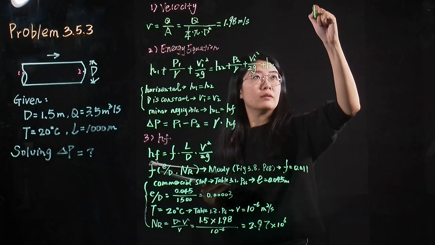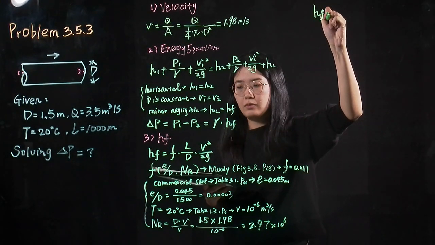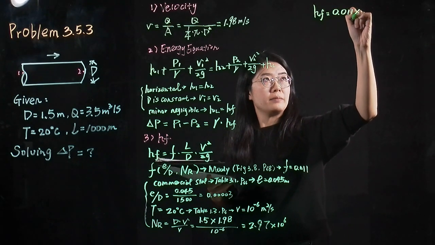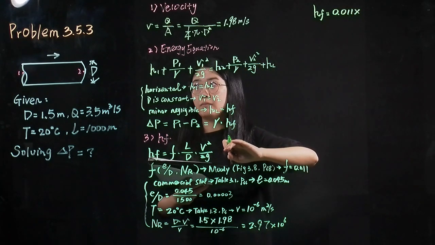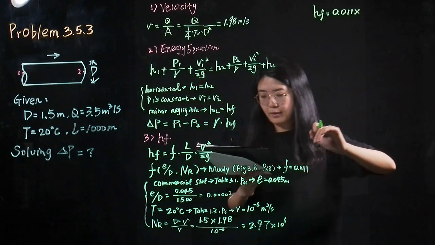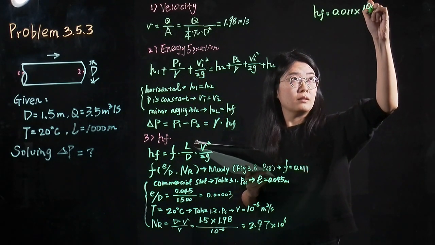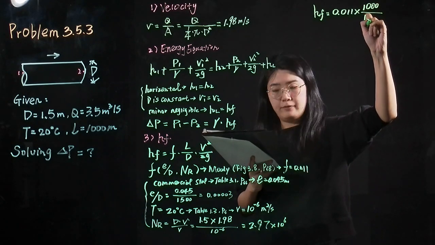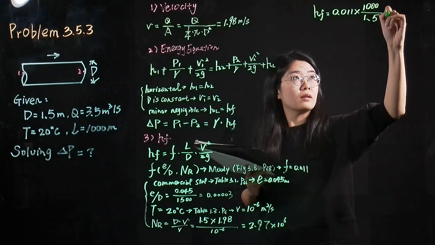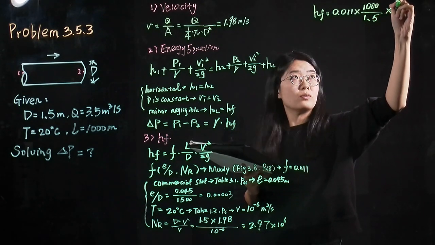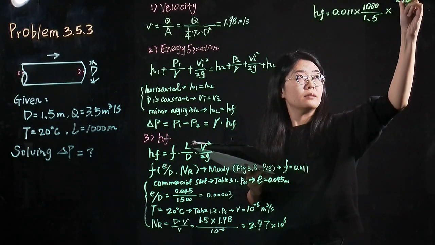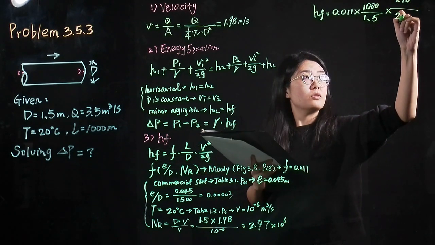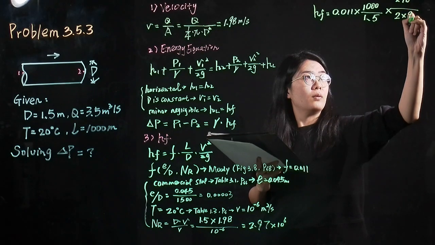So friction loss is equal to 0.011 times L, which is 1,000 meter, over diameter 1.5, times the velocity 1.98 squared over 2 times 9.8.